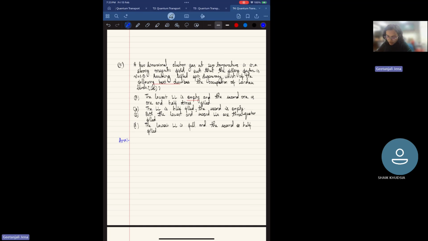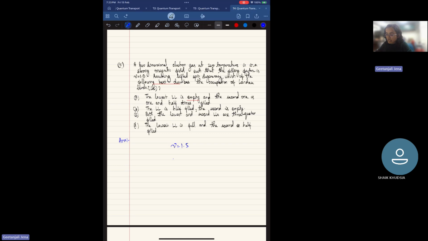Question number 5. A two-dimensional electron gas at zero temperature is in a strong magnetic field such that the filling factor nu is 1.5.